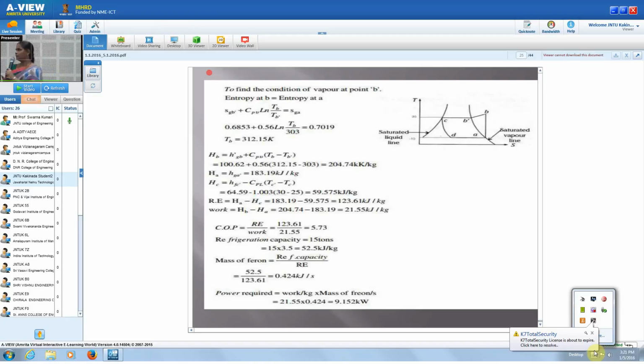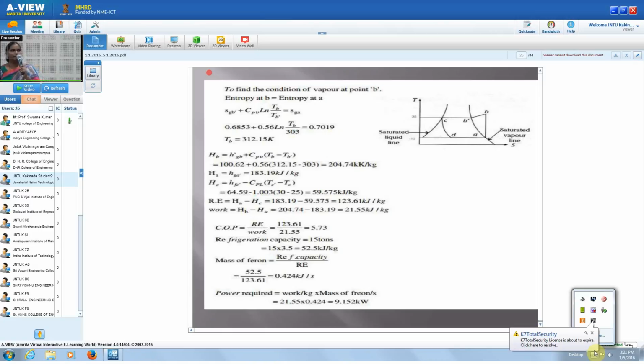Then to find out the total power required, it is the mass of the refrigerant into the work input per kg of the refrigerant. So that is 0.424 into the work input, 21.55 kilojoules per kg.